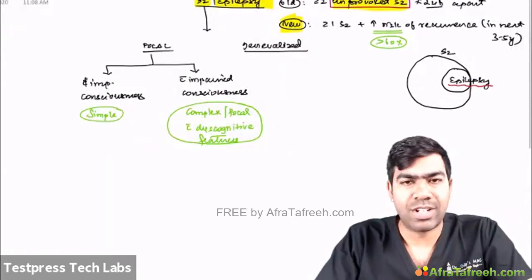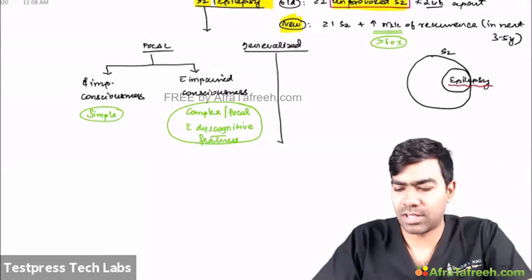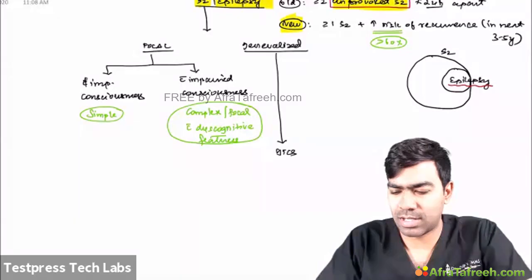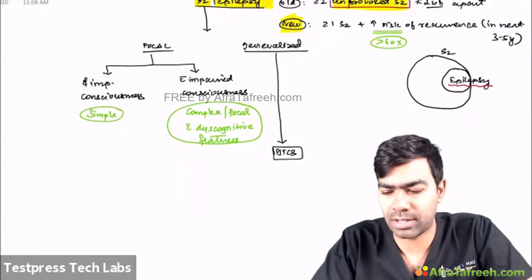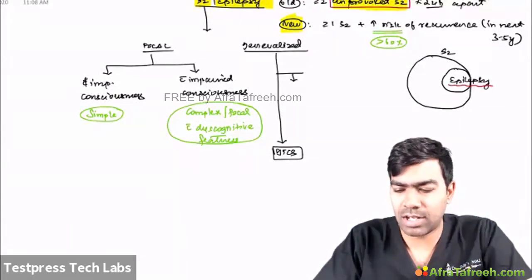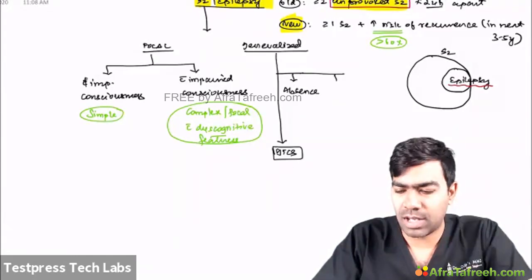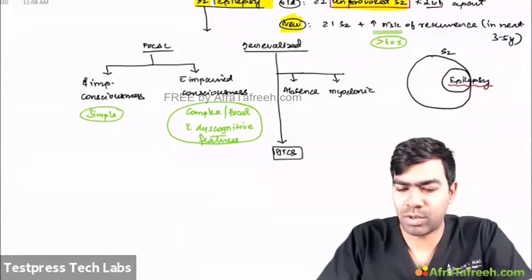And we have a lot of types of generalized seizures as well. For example, the hallmark of any generalized seizure is going to be the GTCS, that is generalized tonic-clonic seizure, one of the very common types of seizures that we see in practice. And apart from that, you can have other generalized seizure types like absence seizures. We have other types like myoclonic seizures. The best example is juvenile myoclonic epilepsy.